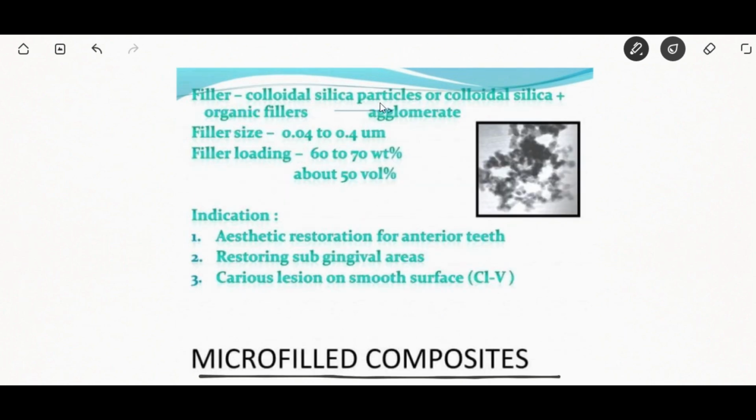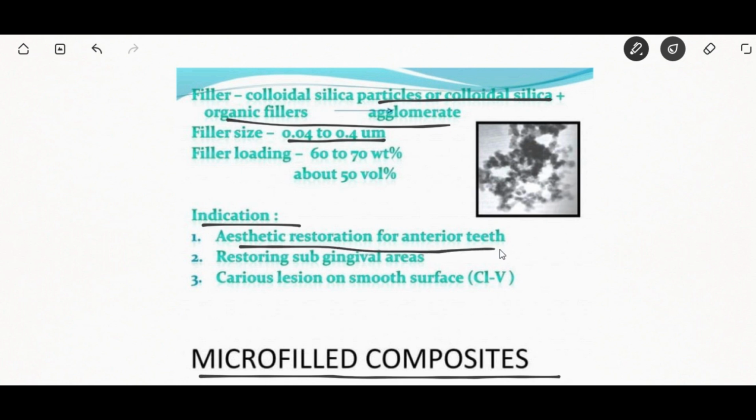The third are the microfilled composites. The filler is colloidal silica particles with organic fillers. The filler size is 0.04 to 0.4 micrometer. They are indicated in aesthetic restoration for anterior teeth, for restoring subgingival areas, carious lesions on smooth surfaces, like in class 5 restorations.